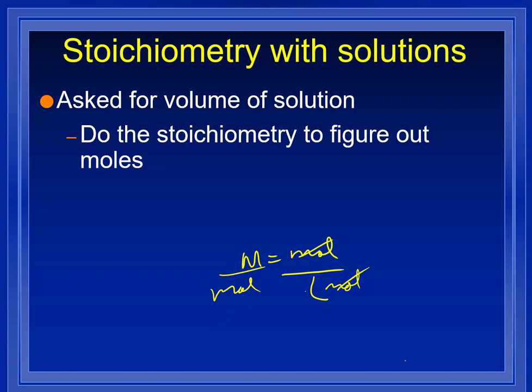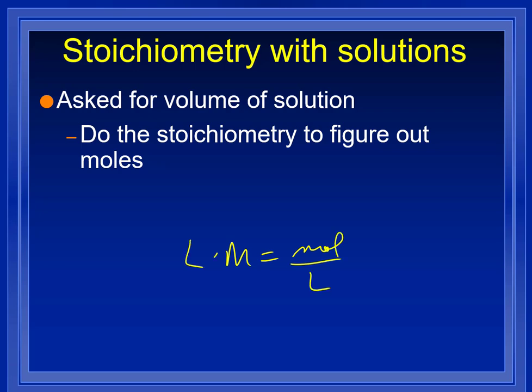So what you need to do really is first get the liters off the bottom, multiply both sides, and then divide both sides by molarity. And you end up with liters equals moles over molarity, which is exactly opposite of what you expect it to be.